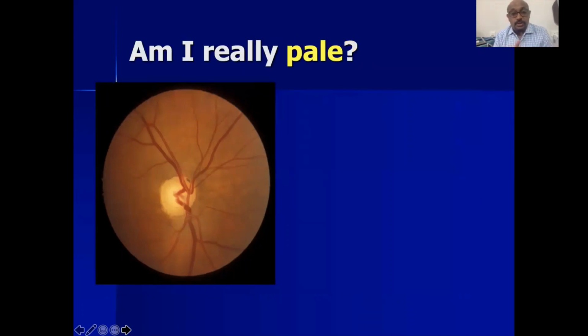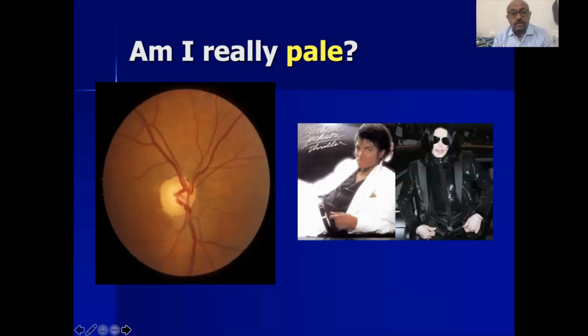First question, of course, because the patient does not have a problem and does not have any history which suggests that he would have had a pale disc because of some past episode: is this really a pale disc or is this something else we are looking at? One short way of determining whether this disc is really pale is to look at the past medical records.